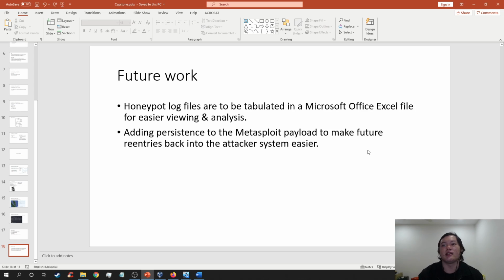Another thing that we can do is add the function of persistence to the Metasploit payload so that in future attempts to gain back access to the system, it will be much easier.